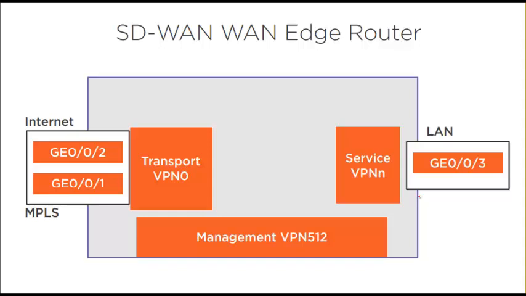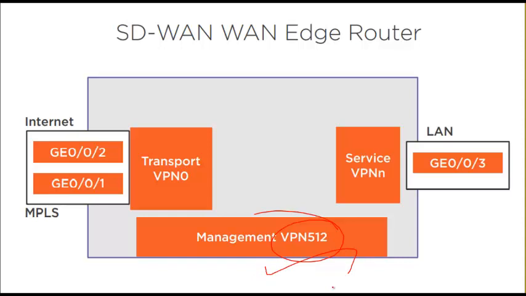Likewise, to manage all these SD-WAN components, the management ports are assigned to this VPN called VPN 512. Yeah, 512. VPN 512 is for management.